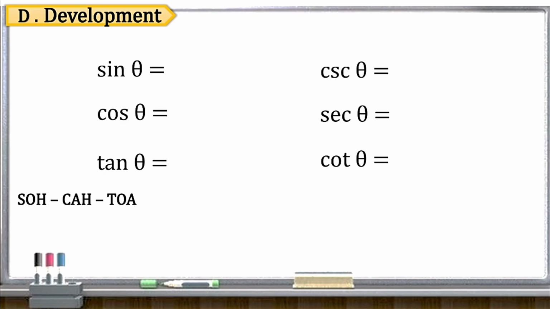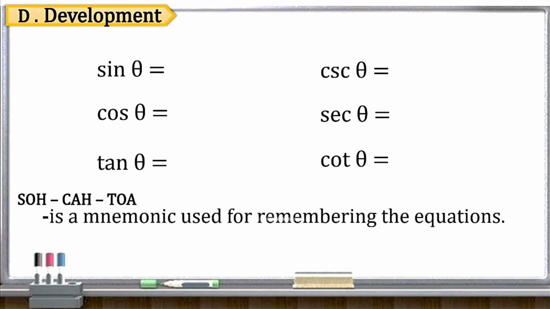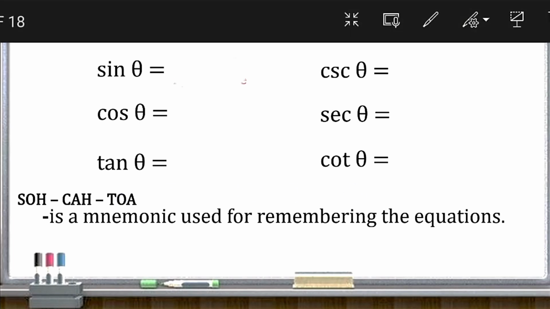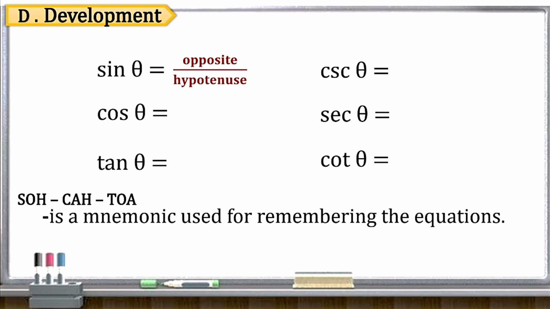SOHCAHTOA is a mnemonic used for remembering the equations. Example, yung SO stands for sine is equal to opposite over hypotenuse. CAH is cosine is equal to adjacent over hypotenuse, and TOA, tangent, is equal to opposite over adjacent.